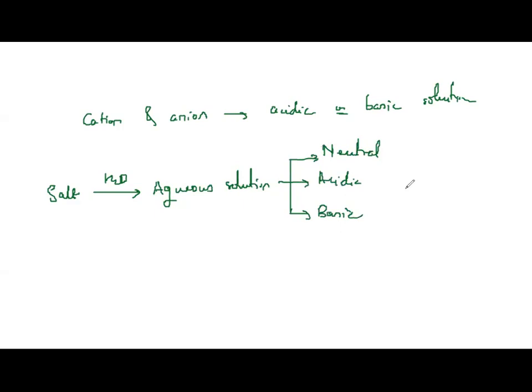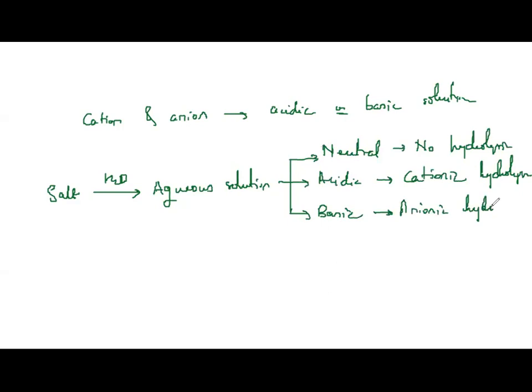When it is acidic, we call it cationic hydrolysis. When it is neutral, we call it no hydrolysis; there is no hydrolysis taking place. Basic means anionic hydrolysis. So this is about salt hydrolysis. With this explanation, we have something called the hydrolysis constant.